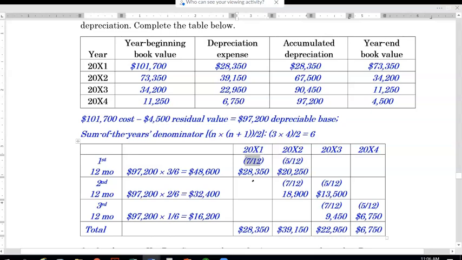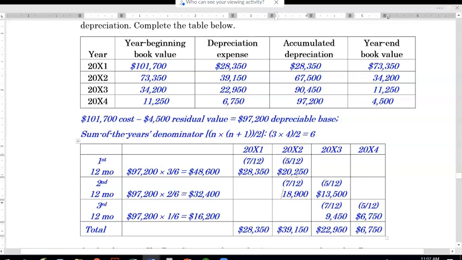Very good. But then we go to year 2, 5 months is already taken from the previous year. So we have 7 months left. So year 2 depreciation should be 32,400, but we multiply that with 7 out of 12 for the calculation remaining for year 2. And that gives us 18,900.